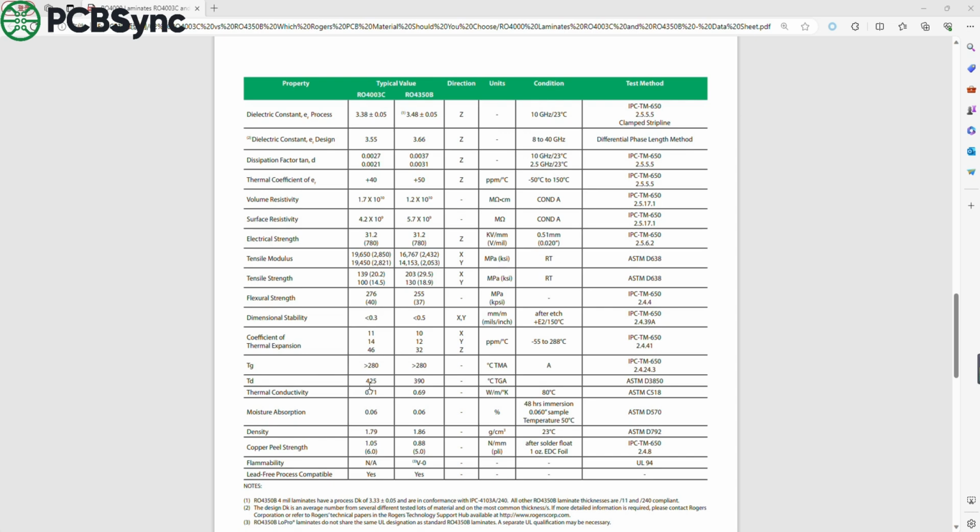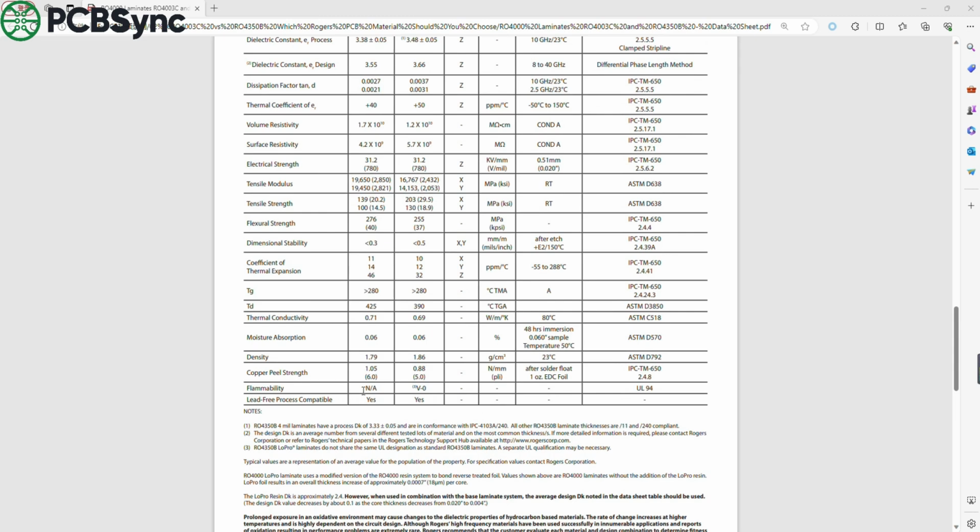The Tg value for RO4003C is 425 degrees Celsius. The Tg value for RO4350B is 390 degrees Celsius. As for thermal conductivity, RO4003C is 0.71 watts per meter Kelvin. RO4350B is 0.69 watts per meter Kelvin. The two are very close, almost the same.